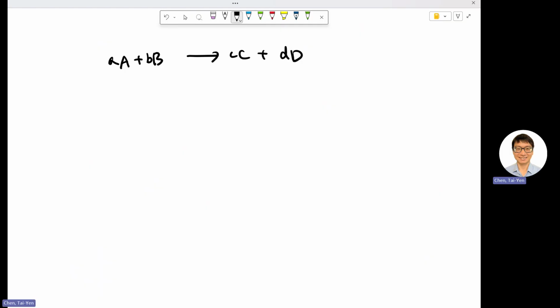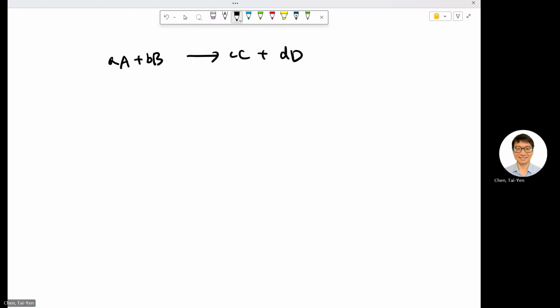Remember that K is a constant. K is a very unique situation. It is a value you get when the system, which is your reaction, reaches equilibrium. Once the system reaches equilibrium, the ratio between your A, B, C, D gives you a constant value. Everybody follow this logic so far?